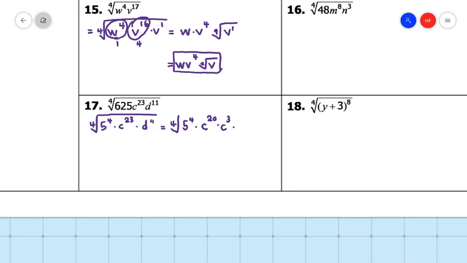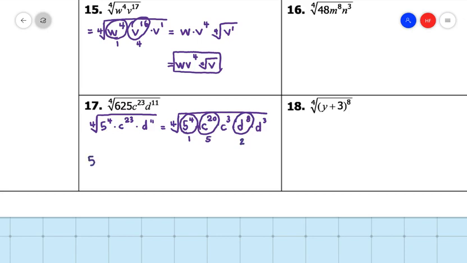To get to 11, the closest I can get is 12, but that's over, so I'm going to go one multiple below, which would be 8. And I would need 3 more powers of d to get to 11. Now the ones that are multiples, I'm going to divide their power by the index. I get 1 there, 5 there, and 2.